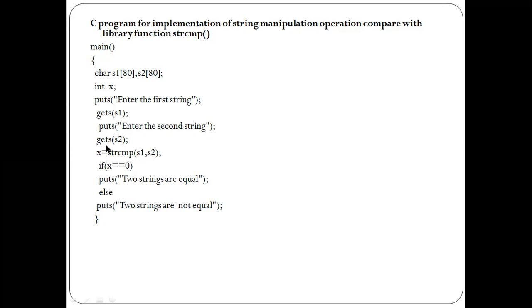I am taking the integer variable x for the comparison of these two strings. If the result is 0, it displays that the two strings are equal. If the result is not 0, it displays that the two strings are not equal.